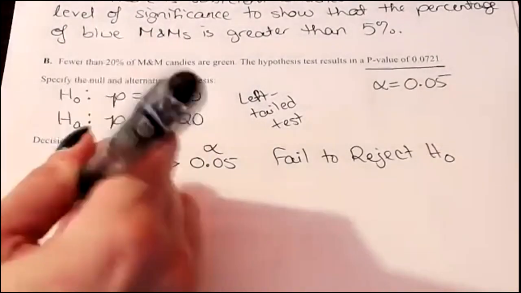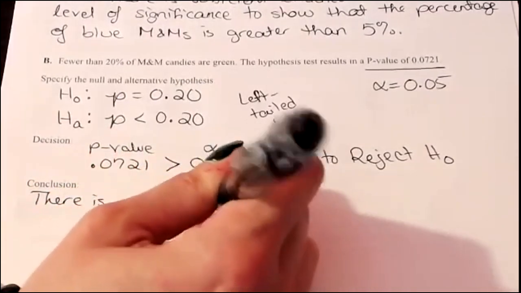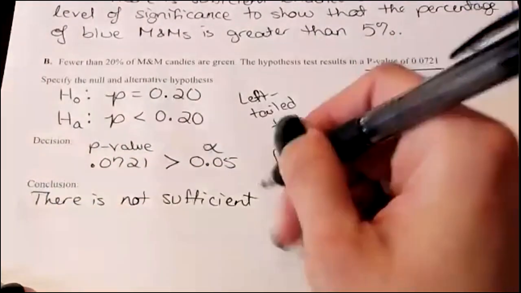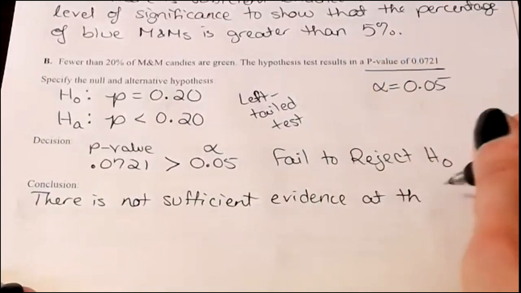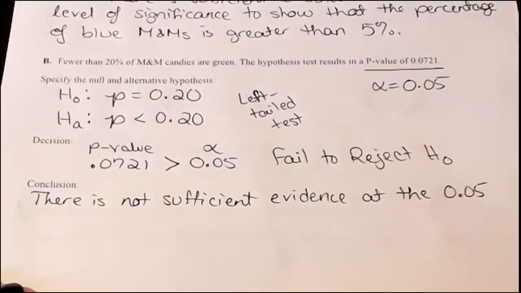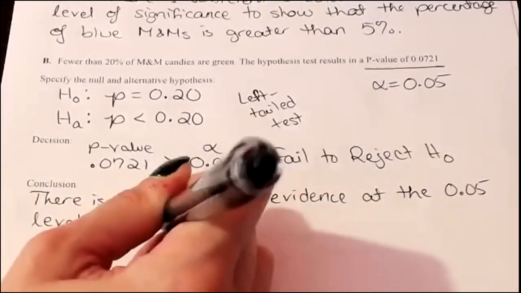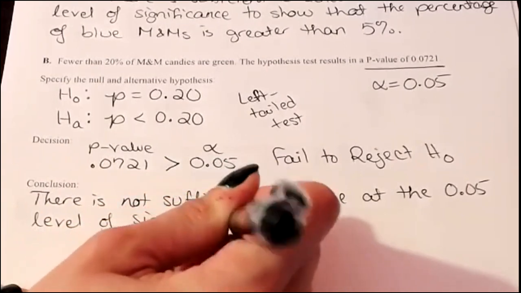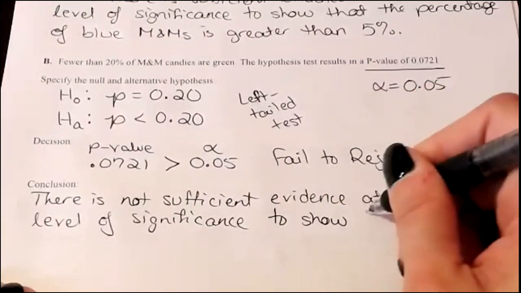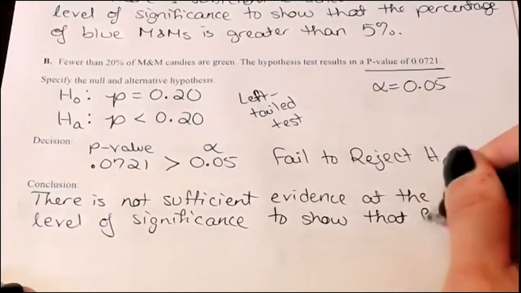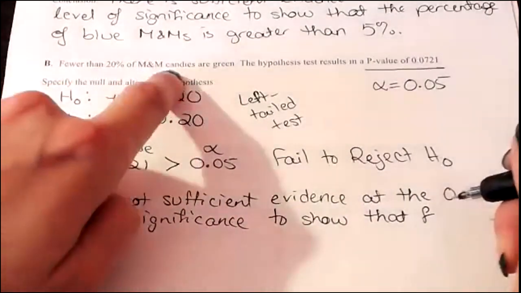So there is not sufficient evidence at the 0.05 level of significance to show that, and then the alternative hypothesis, we just state that, which is fewer than 20% of M&M candies are greens.